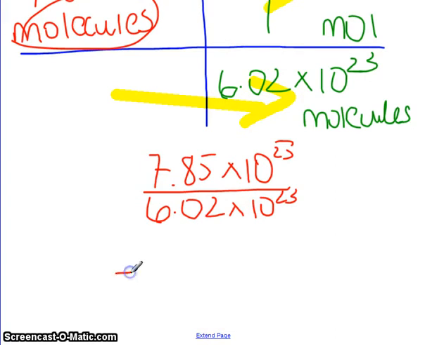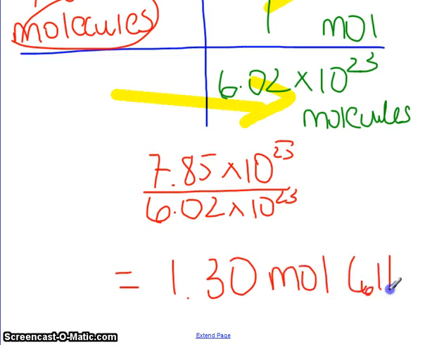When you divide this, you get approximately 1.30 moles of glucose, as molecules and molecules canceled out and we were left with moles.